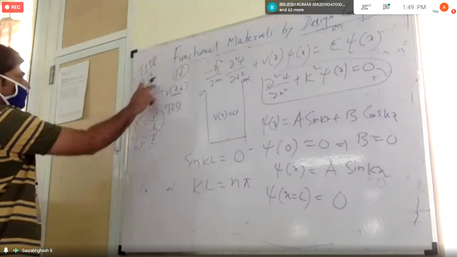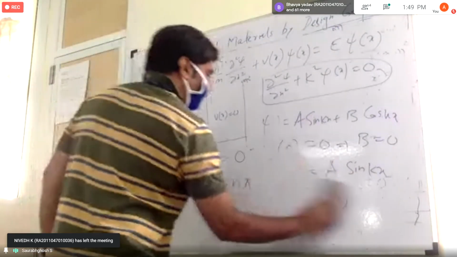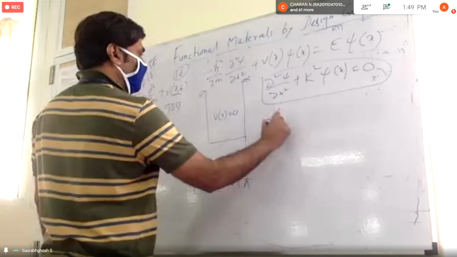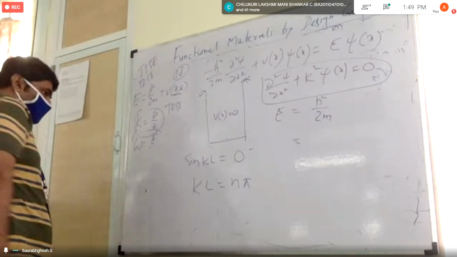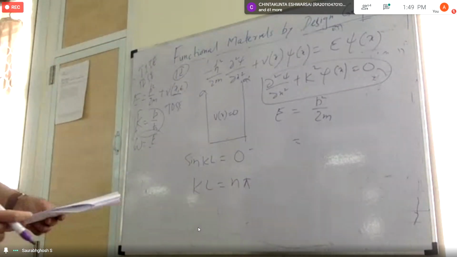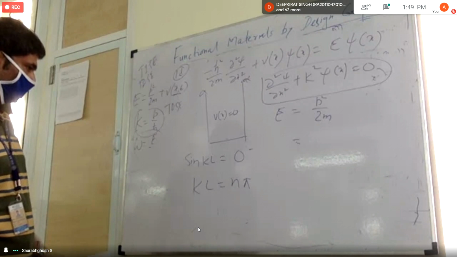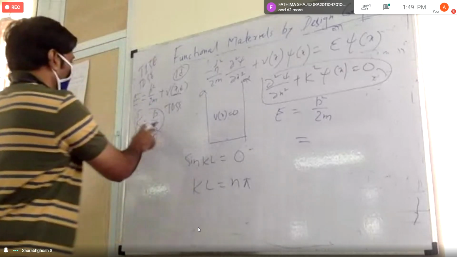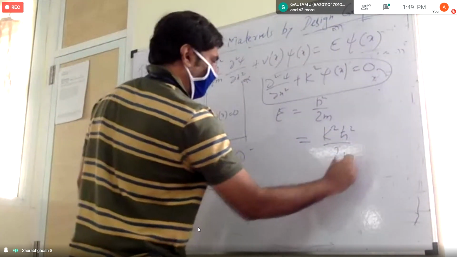Now your E is equal to P square by 2m. So now you got k equal to n pi by L. Your P equals k h cut, so E equals k square h cut square by 2m.